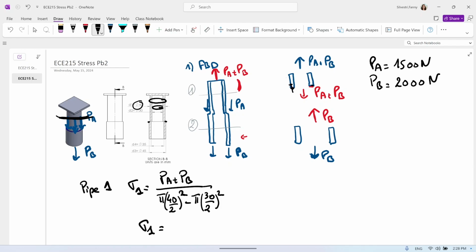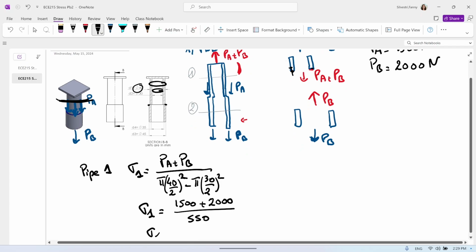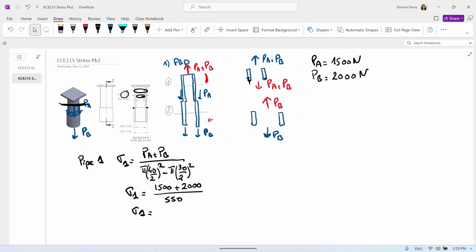So we will make the calculation, 1500 plus 2000 divided by the surface for the first tube. I got a total of about 550. Keep your exact number if you can. So sigma 1 equals 6.37 megapascals. Okay, that's for pipe number 1.